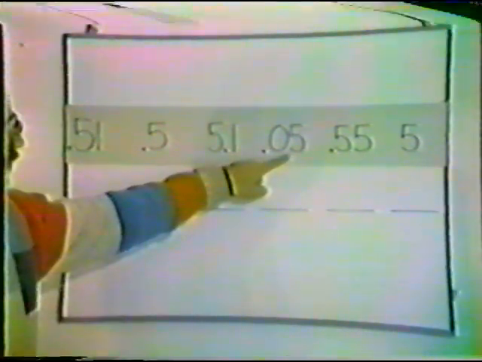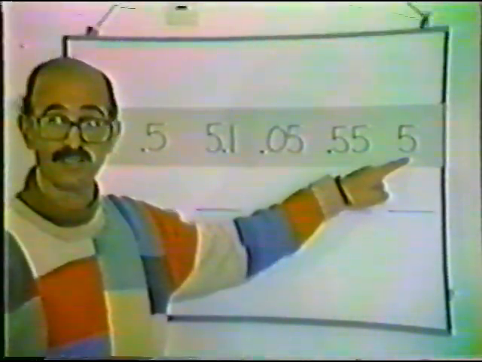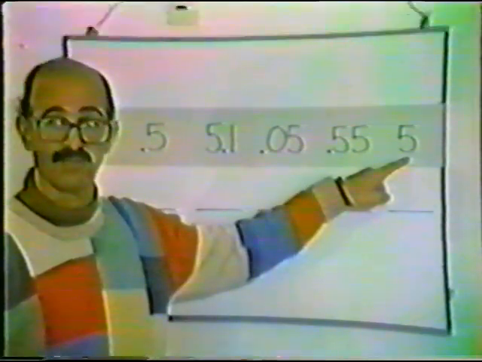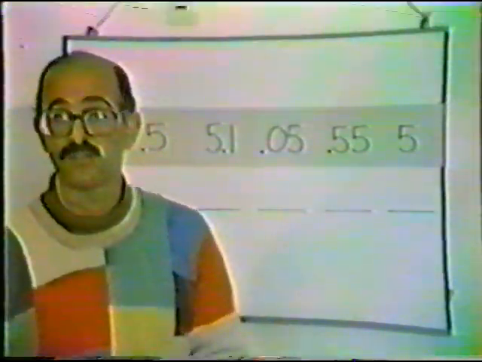Is this one larger than 1? No. This one? No. This one? Yes. Yes, that's 5. Now that number has no decimal point on it. If we were going to put a decimal point there without changing its value, where would we put it?